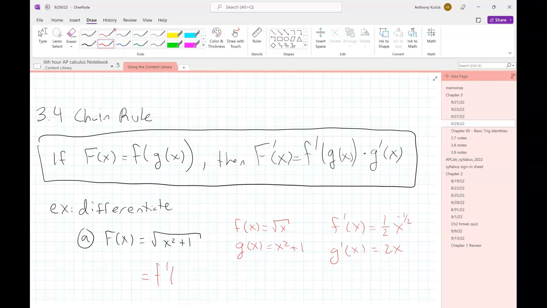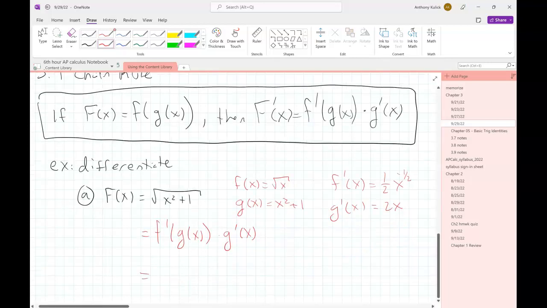So if I do f prime of g of x times g prime, I'm going to have 1/2, and then in place of the x in my f prime, I'm going to write g of x.